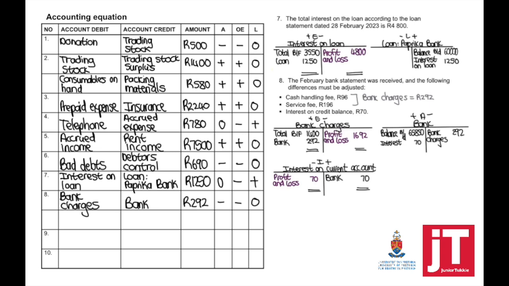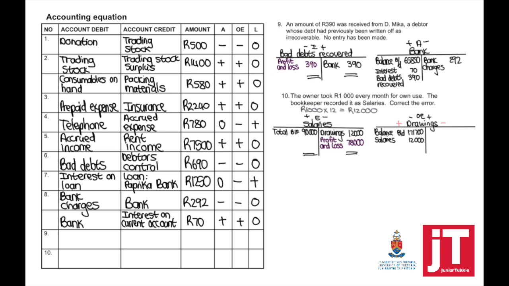Assets minus, owner's equity minus, liabilities, nothing. To show the interest, account debited: bank, because we've received money. So your assets will increase, and because my income increases, it will have a positive effect on the owner's equity.